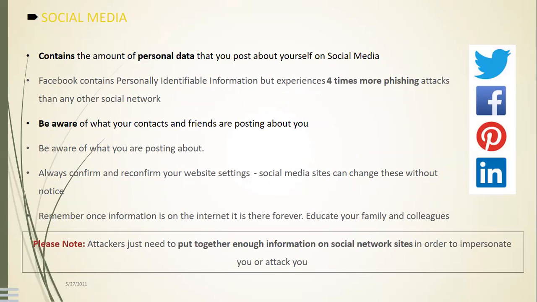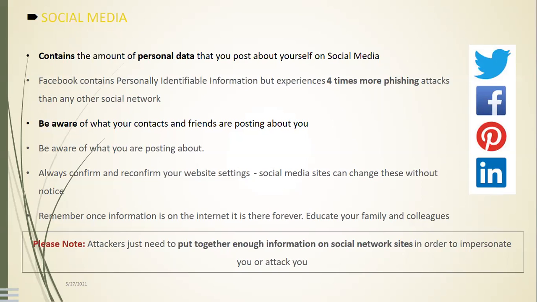Facebook contains a lot of personally identifiable information. And also they say Facebook experiences 4 times more phishing attacks than any other social network. This is quite true. You'll find someone with the name John Smith, 20 people sharing that name. You don't know who is who. 10 of them are mostly just phishing accounts, sending you funny links without any idea or information behind it.